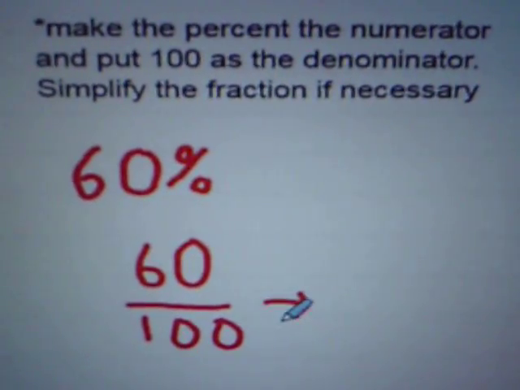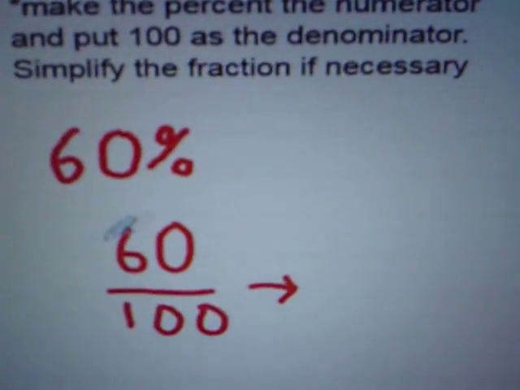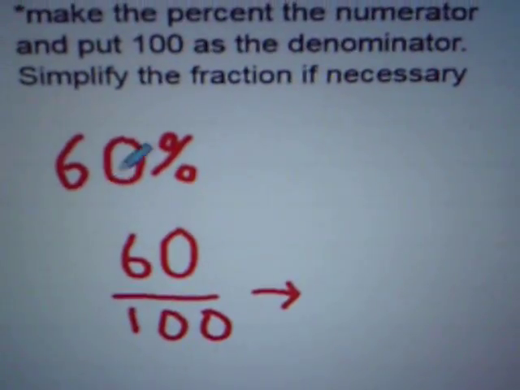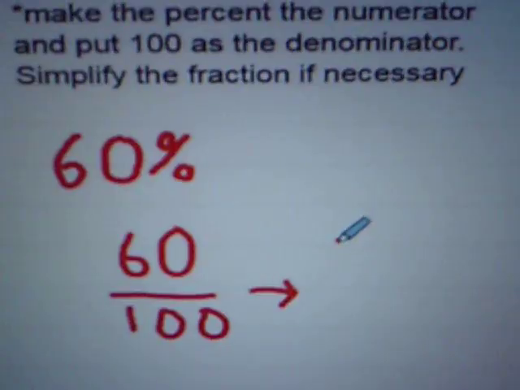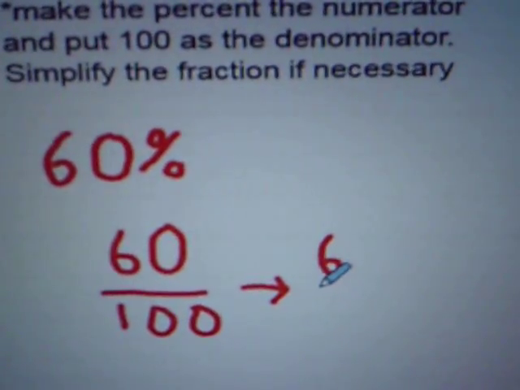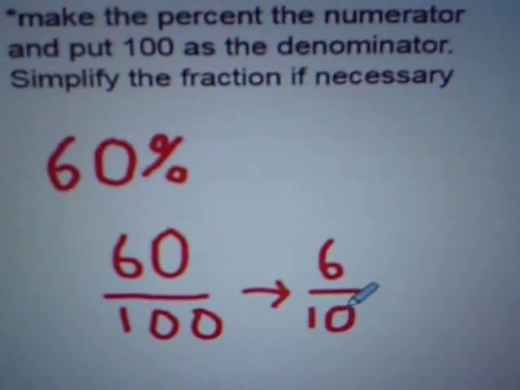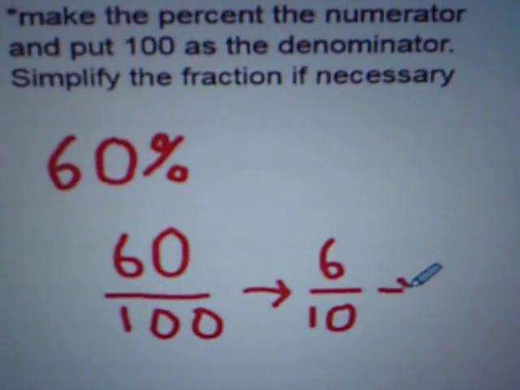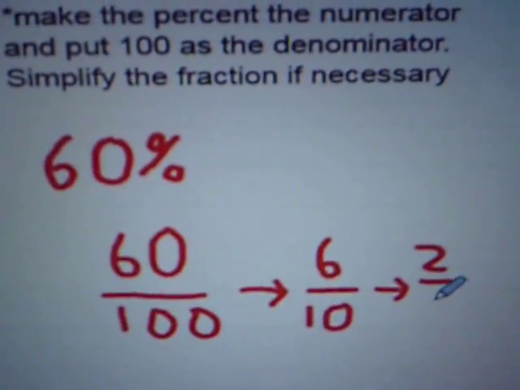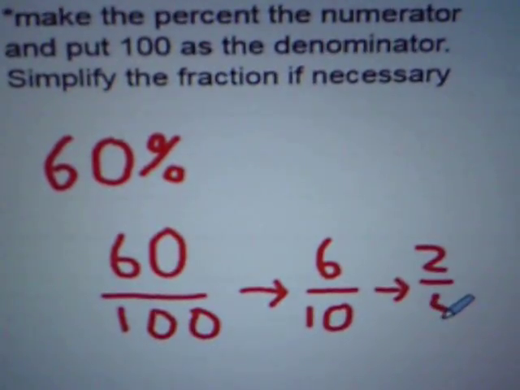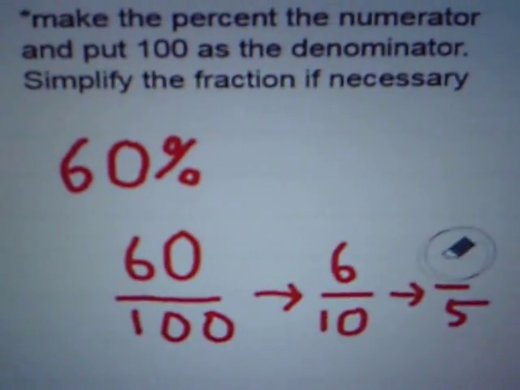And if your student is a little unsure of how to simplify a fraction, for right now, this is an acceptable way to make this percent into a fraction. But if we do simplify it, it simplifies down to 6/10, which simplifies down into 3/5. I'm sorry, 3/5. Pardon me.